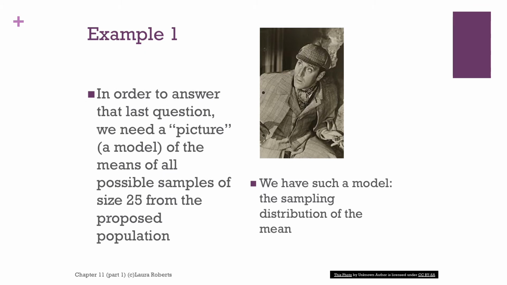So, example 1. In order to answer the last question, we need a picture or a model of the means of all possible samples of size 25 from the proposed population. And we have such a model, the sampling distribution of the mean, which we've seen many times before.